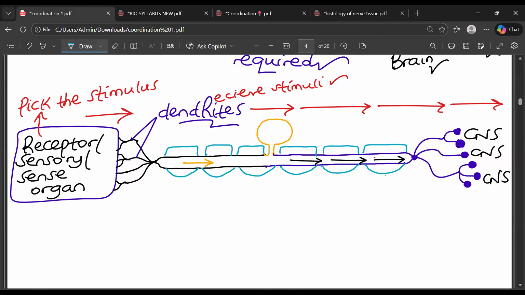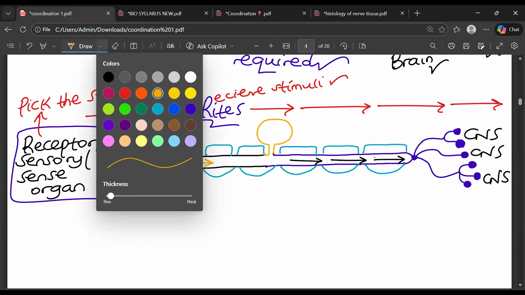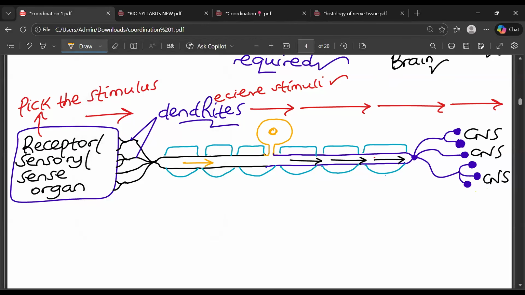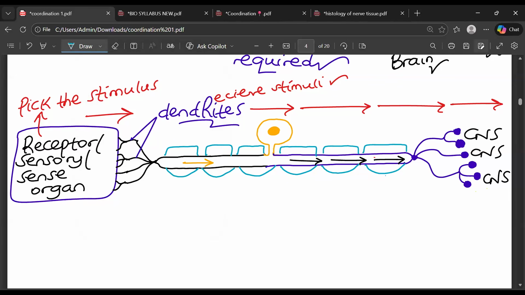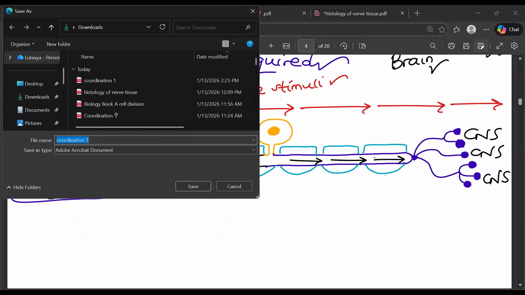So remember, this one was our cell body, so we expect it to have a nucleus. So I will draw the nucleus here, like that. Then also these ones that I've just drawn, I've said they are cells. So I also expect them to have a nucleus, each of them. So I'm also going to show it.